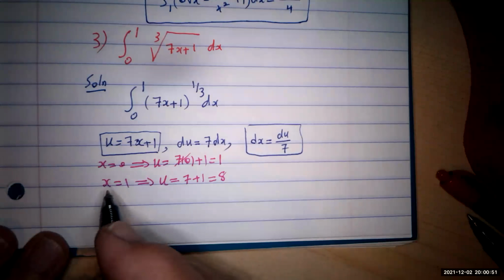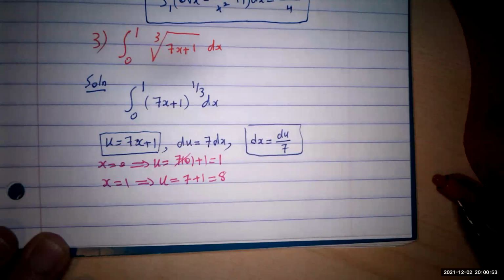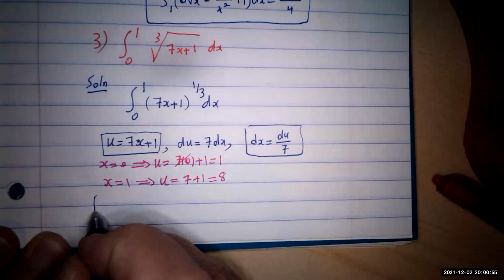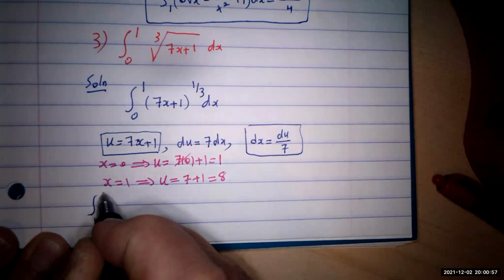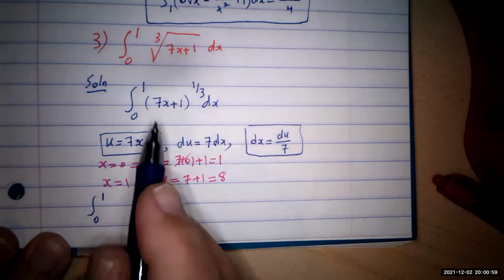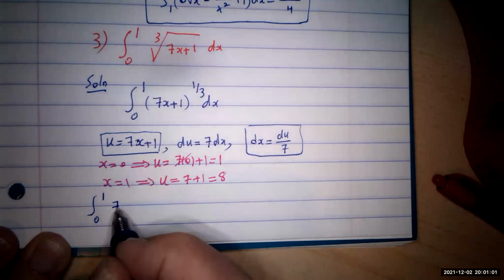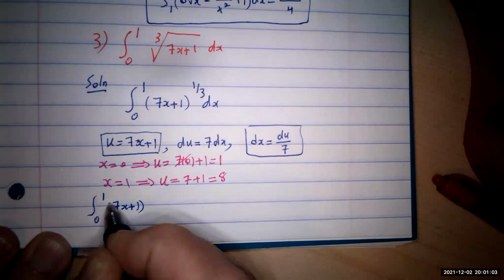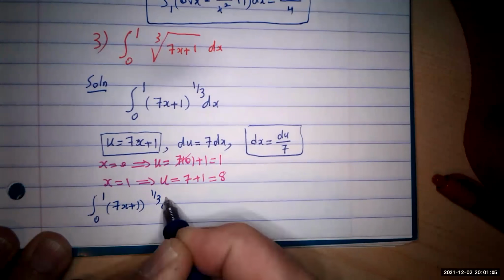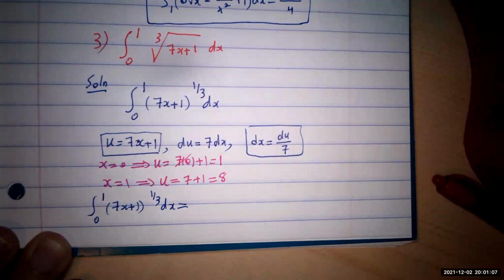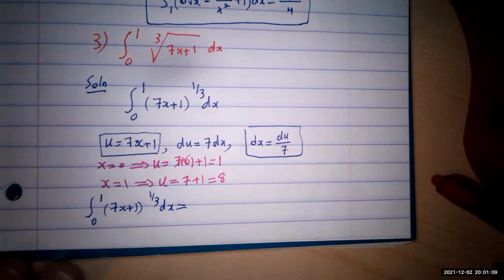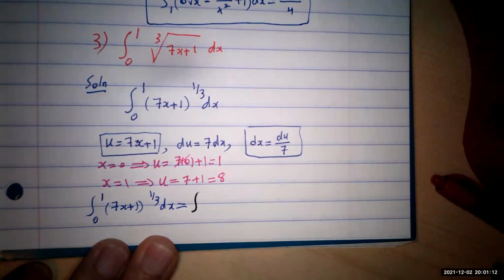Now, what's going to be the integral? Originally it was the integral from 0 to 1 of 7x plus 1 to a third dx. Now we're going to switch to u.